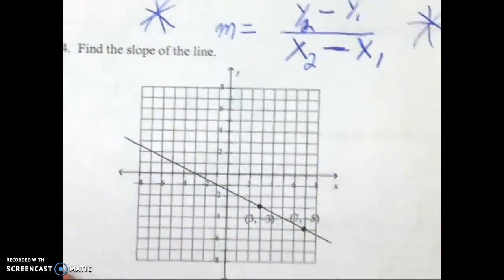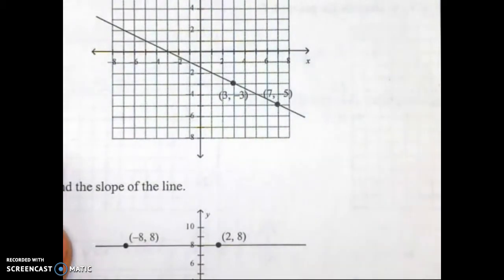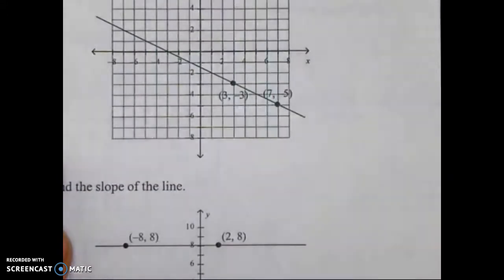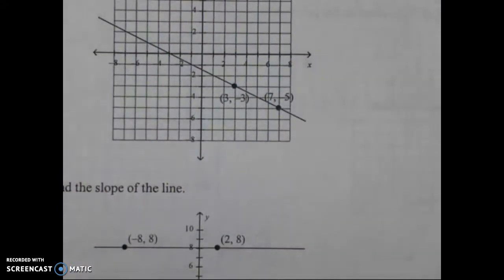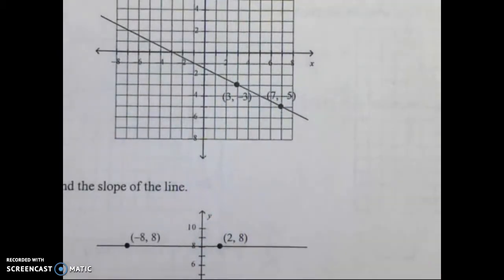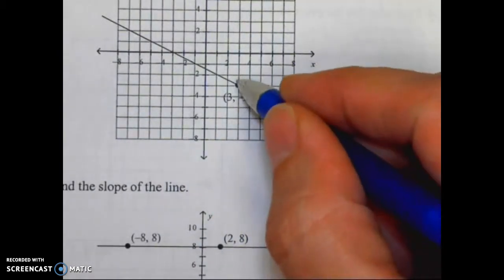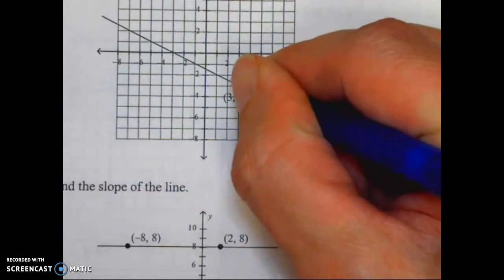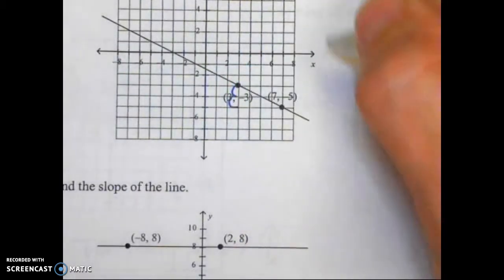All right, but for the first one, we're just using our graph. And if you have a graph, all you have to do is tell me how do you get from here to there. So I like to go up and down first, so I'm going to go down 1, 2. So I went down 2.